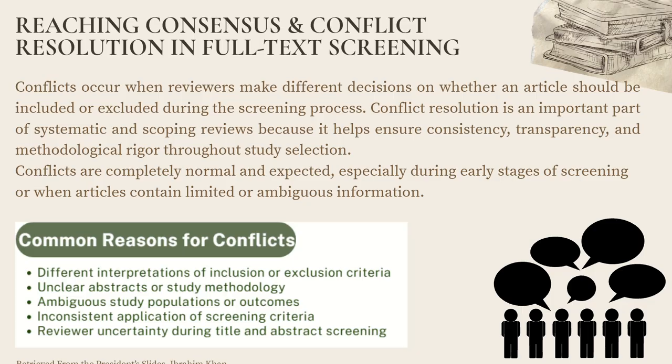Some common reasons for conflicts are different interpretations that team members might have of the inclusion and exclusion criteria. As I mentioned, sometimes abstracts and titles do not hold enough study information or methodology for you to decide right away if a paper is worth adding in or not. And an ambiguous study population or outcome is again part of the nature of abstracts.